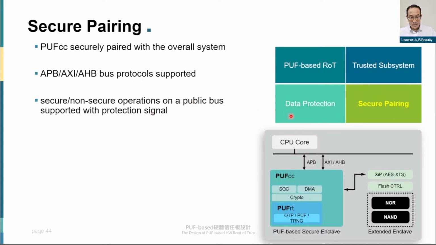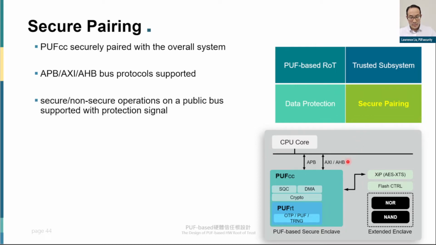Finally, the last principle is for PUFcc to be securely paired to a larger system, such as an SoC. PUFcc inside the SoC. APB and AXI or AHB standard bus protocols are supported by PUFcc to securely connect to the main system, such as through a secured private channel.